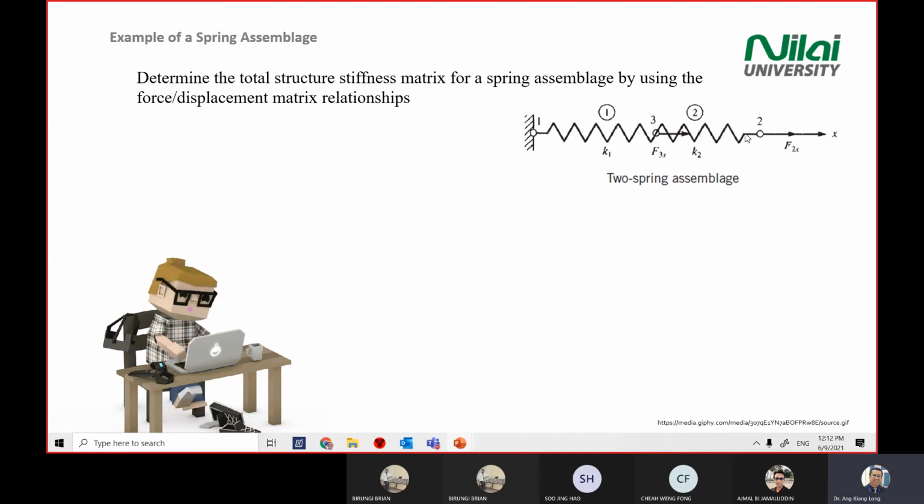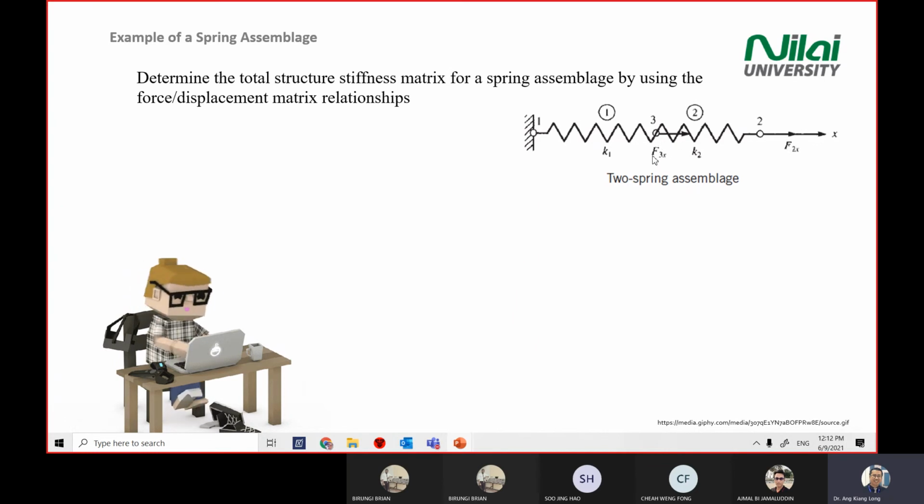Then you are given the general direction of X positive here. And inside this structure, you have an external force. The capital F means external force. In the global scale, it means you apply loading on the element itself.